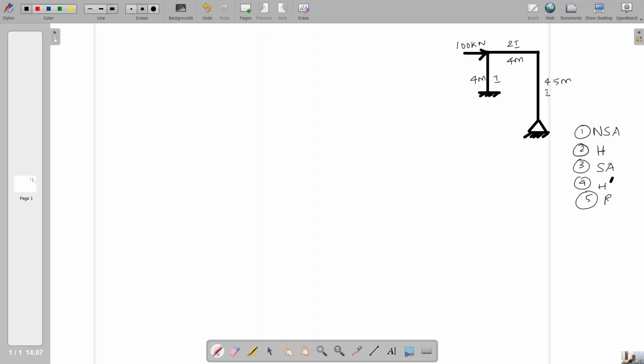Fifth one, the correction factor R equal to H by H dash. Sixth one, the final moment. Final moment means non-sway analysis moment plus correction factor into sway moment. So you have to keep these overall steps in your mind.